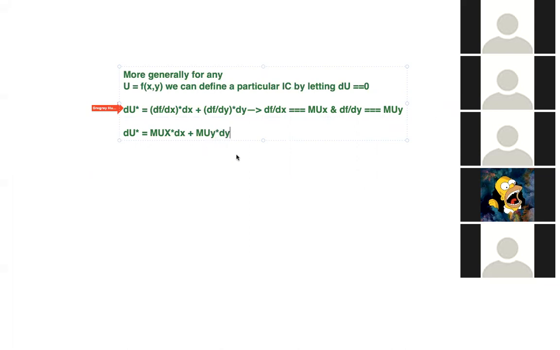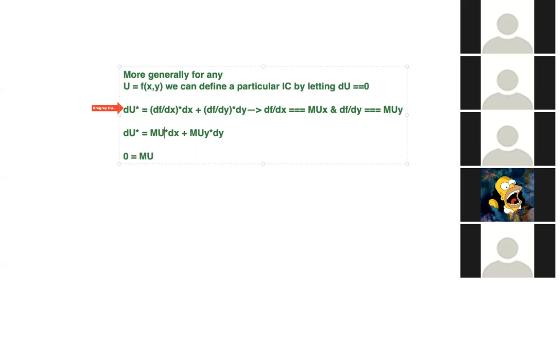Yeah. And then we're going to say, well, we know by definition, since we're on an indifference curve, the du, the change in utility, has to be equal to 0. And so we'll substitute that in.